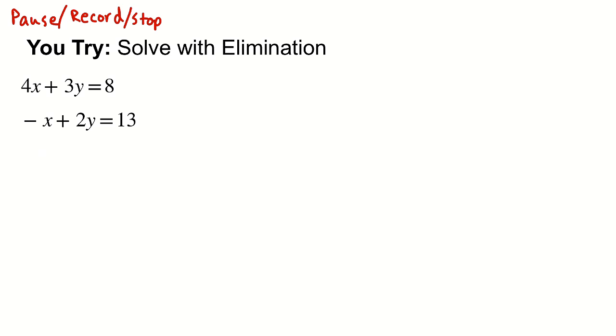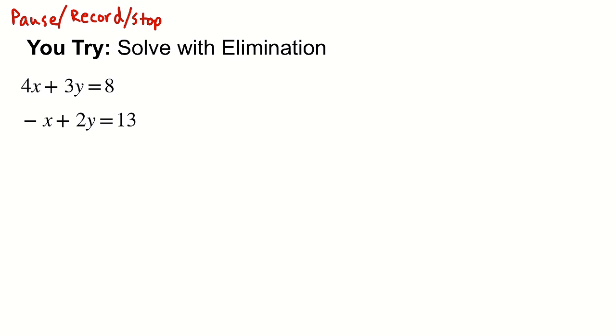Should we add, subtract, or multiply here? Naomi says multiply. All right. We could multiply this by 4, so we would get a negative 4x.